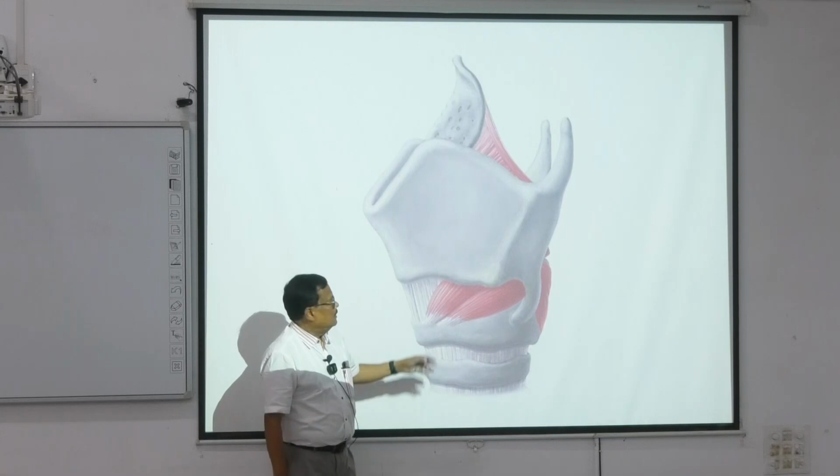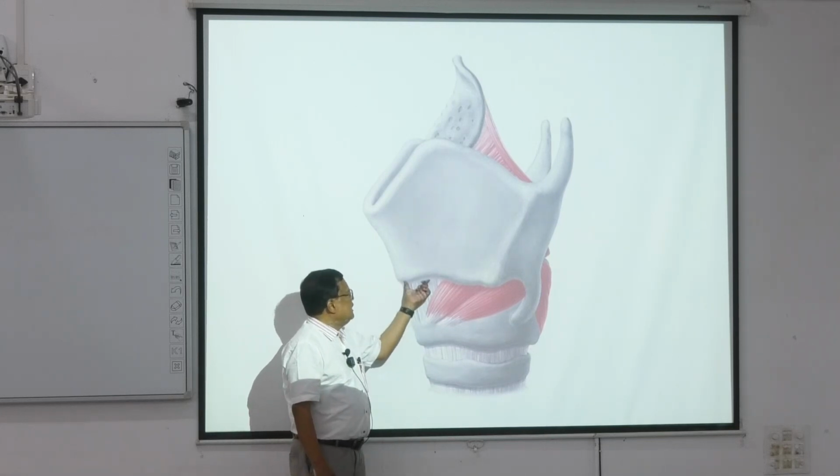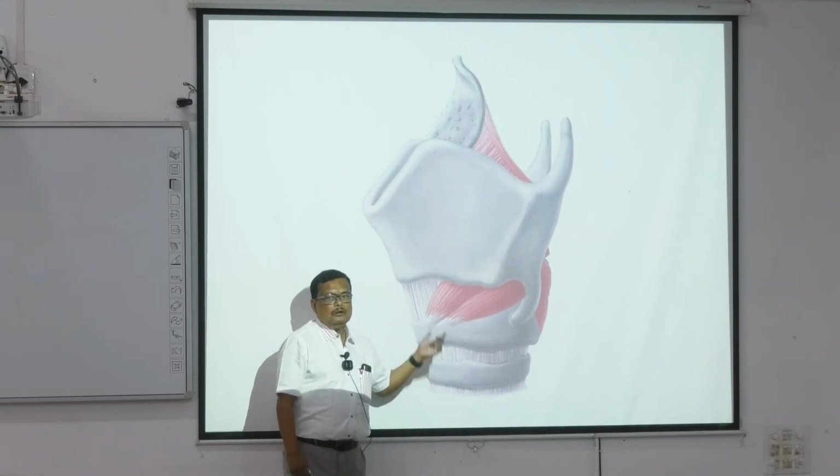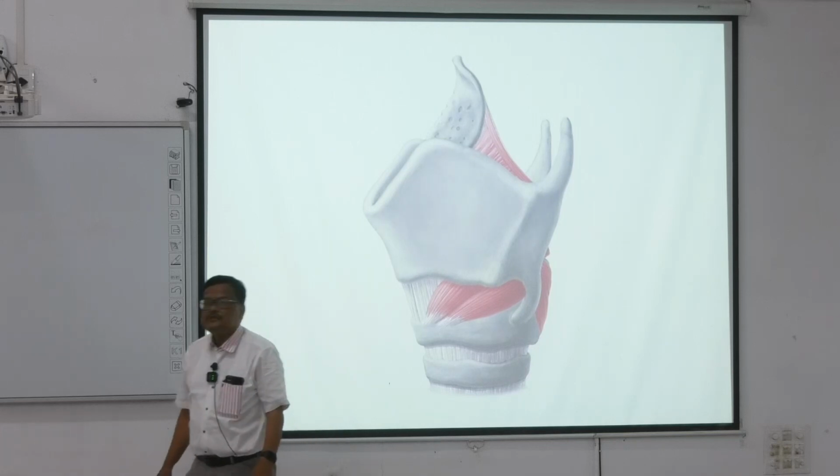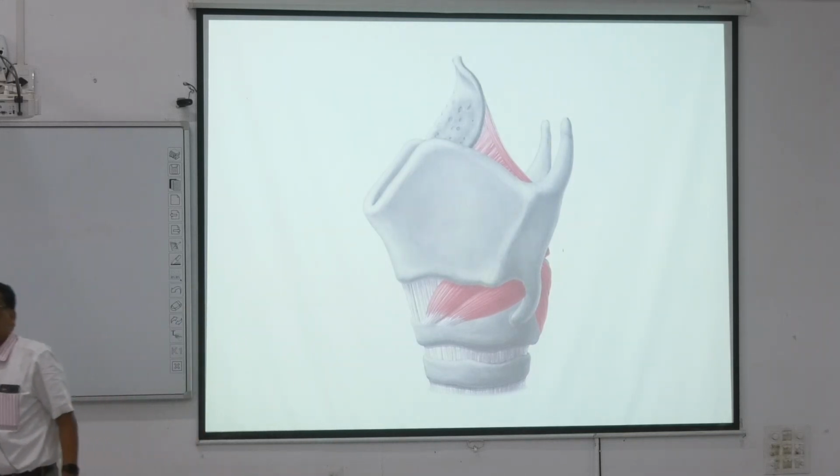I keep saying it again and again. Next, in the middle and lower part in midline, there is a strong ligament known as the median cricothyroid ligament, or conus elasticus.